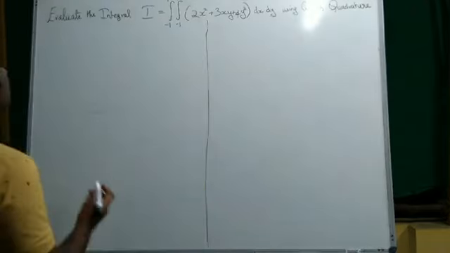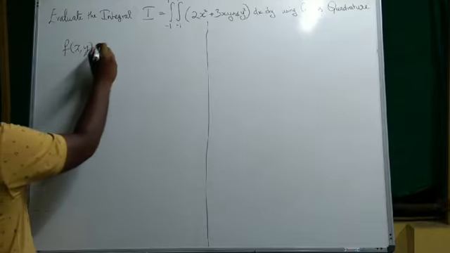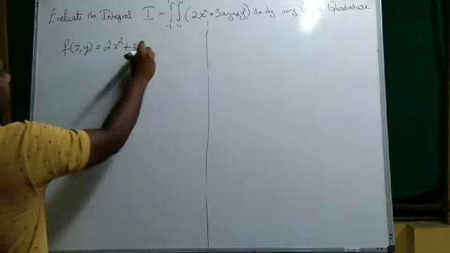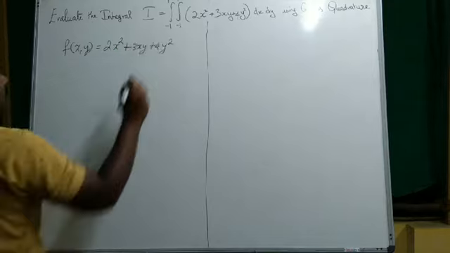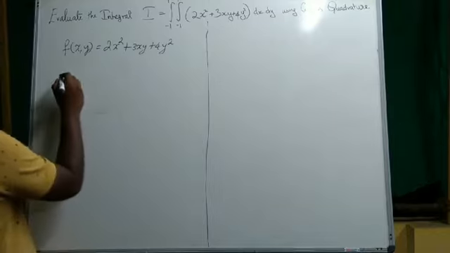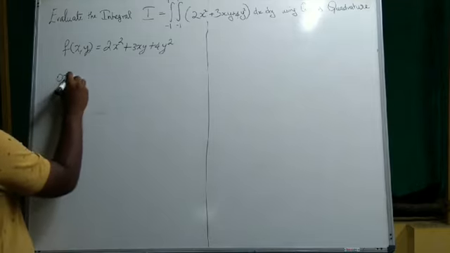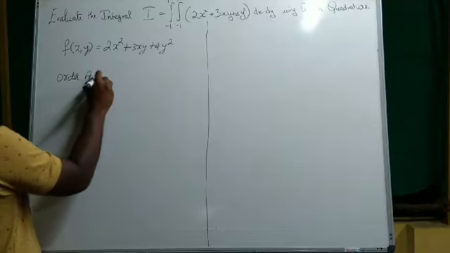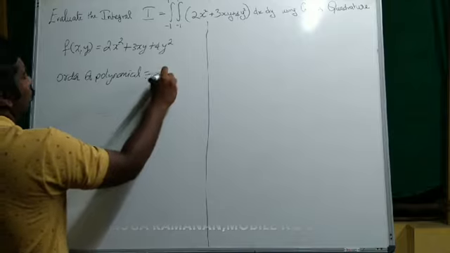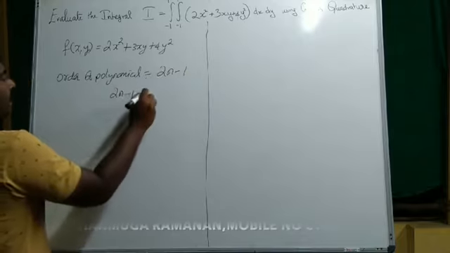x and y, there are two variables, therefore f(x,y) = 2x² + 3xy + 4y². Therefore the order of polynomial equals 2n - 1.